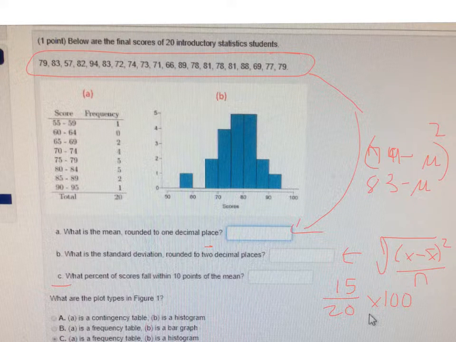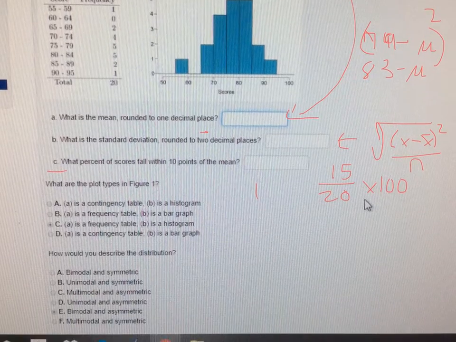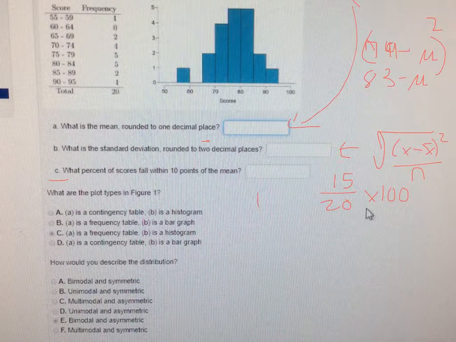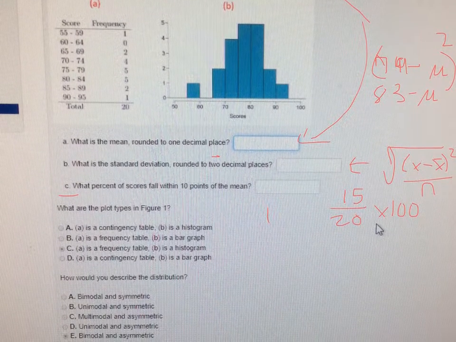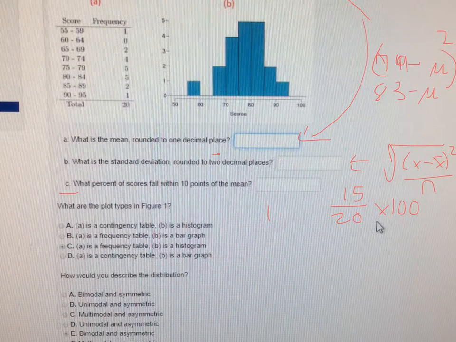Now, for the second part of this question, let me just move this screen up a little so we can see the rest of the question down here. They're asking about the graphs that they're showing you in A and B. The first graph is what we call a frequency table.